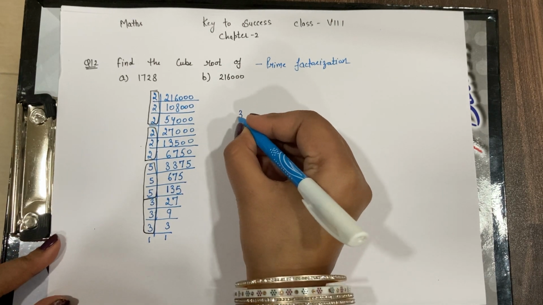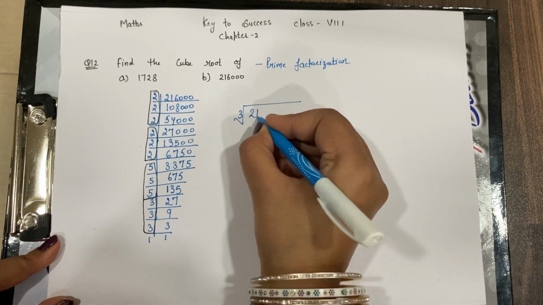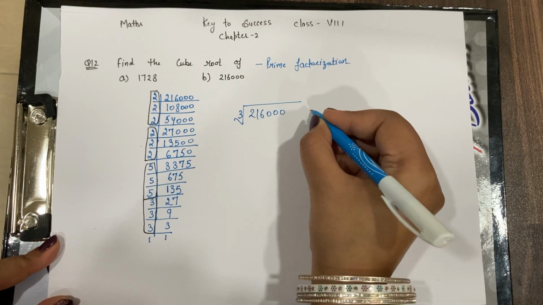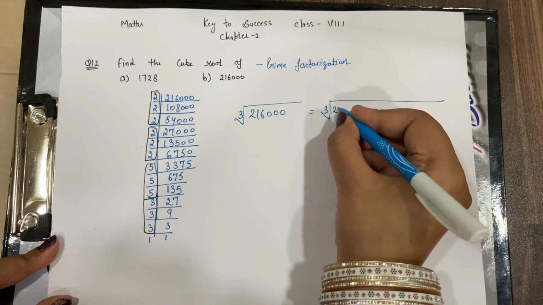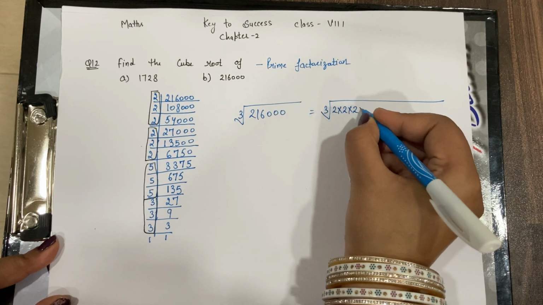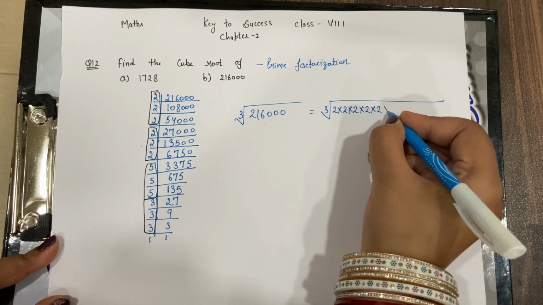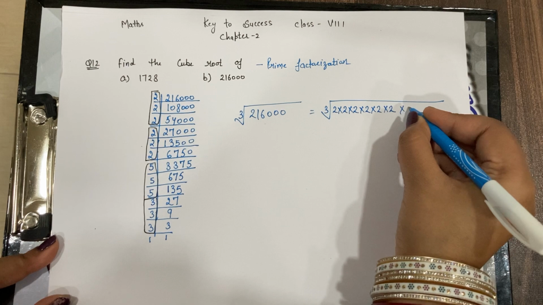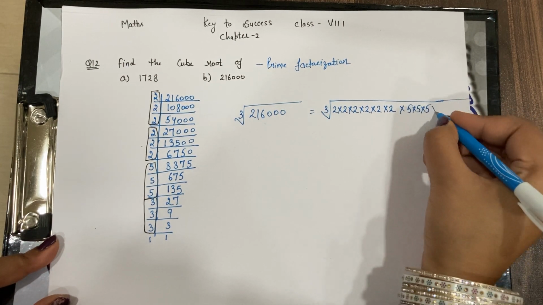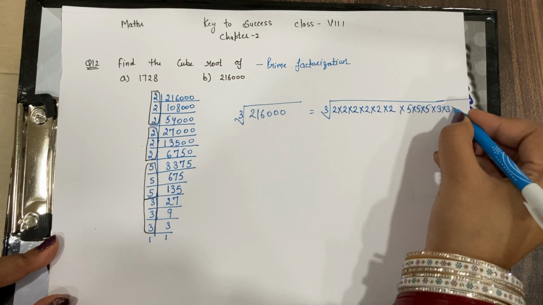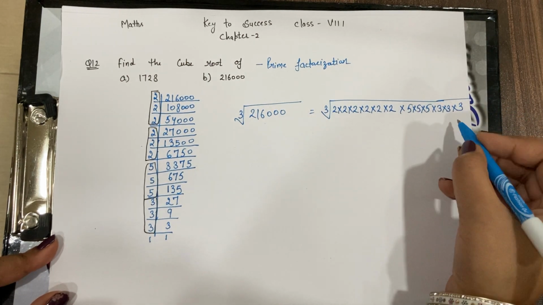So the cube root of the given number will be, in this way, we will be writing 2, we have to write 6 times. Then we will be writing 5 3 times. Then we will be writing 3 3 times.